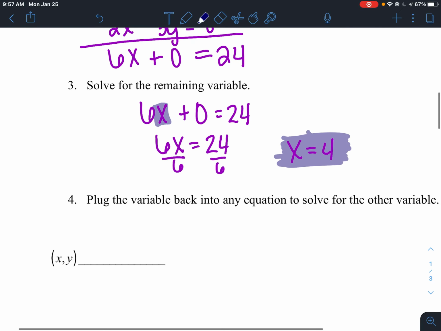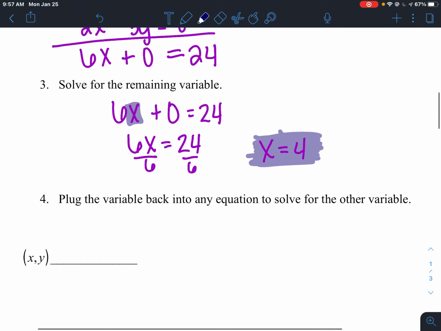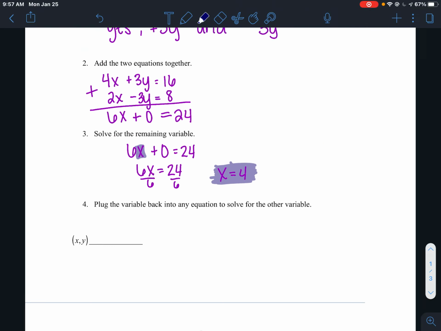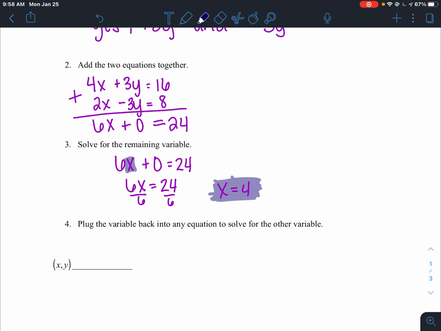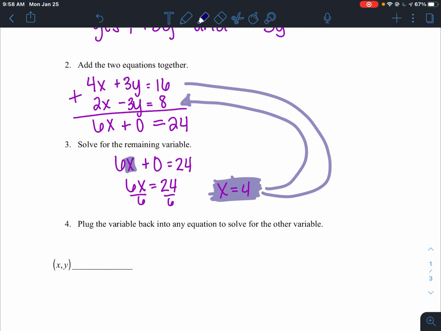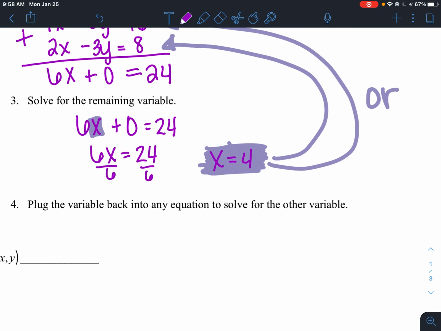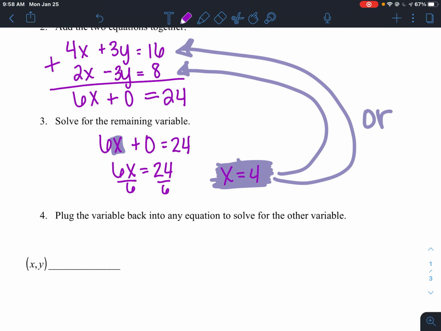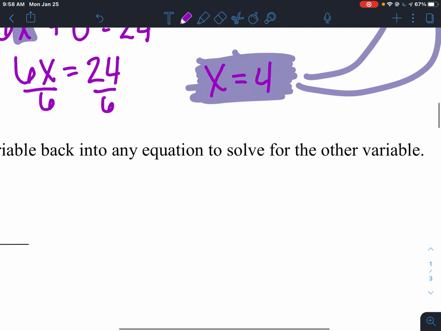Step 4, plug the variable back into any equation to solve for the other variable. So I'm going to take this, x equals 4, and plug it back into this equation or into this equation. It is your choice. You can choose either one of those. I'll do the second one just because it has smaller numbers. So 2x minus 3y equals 8.